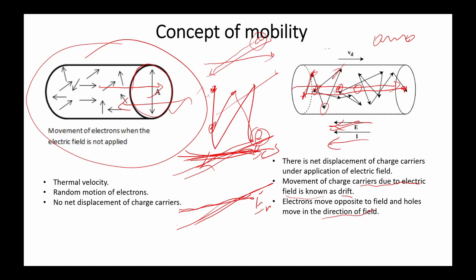As the electron moves in this direction, it will be colliding with these atoms because of the vibrations. These collisions will hamper the movement of electrons. So it will decrease the movement of electrons in the direction opposite to the electric field. So this is how the concept of mobility came into the picture.